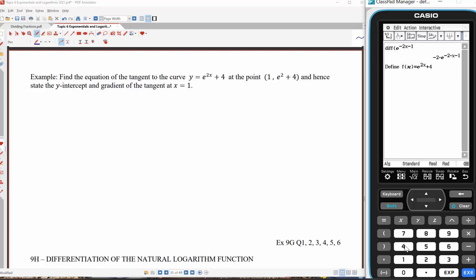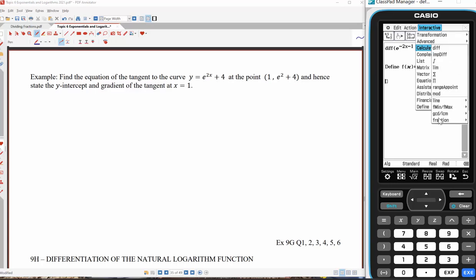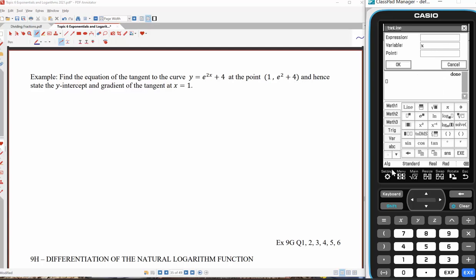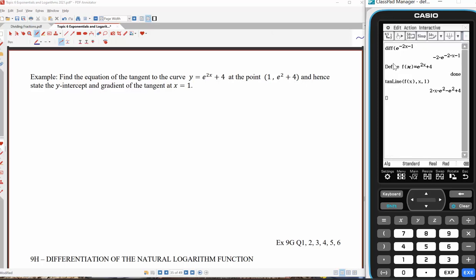Just watch that comes out of the exponent. Okay, so we'll go interactive, calculation, line, tan line. Okay, shift 8 for the f of x at x equals 1. Okay, so that's what we should get as an answer.